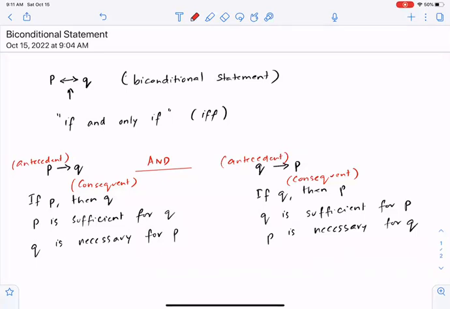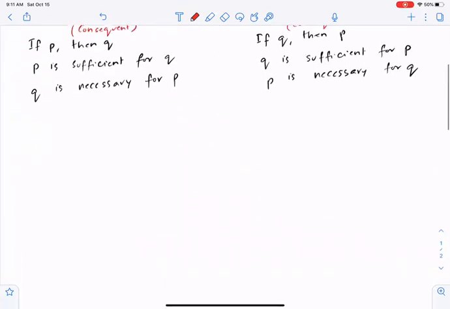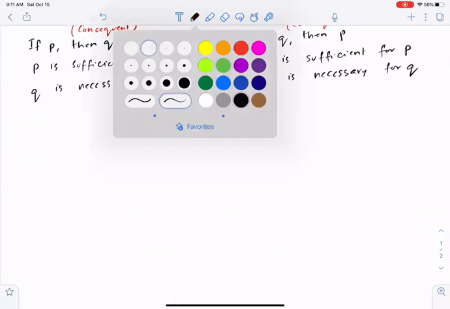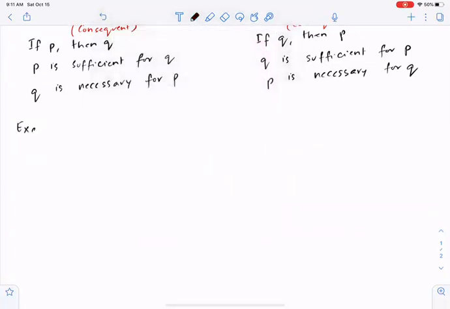Let's see. I'm going to do a simple example. Suppose x is equal to a plus 1. That is a simple equation.